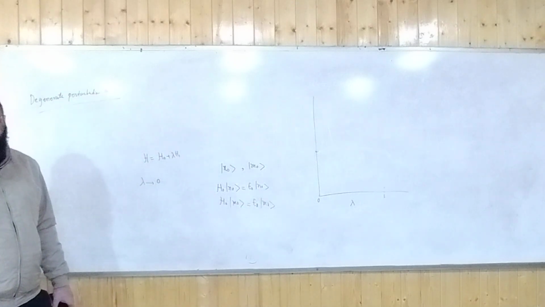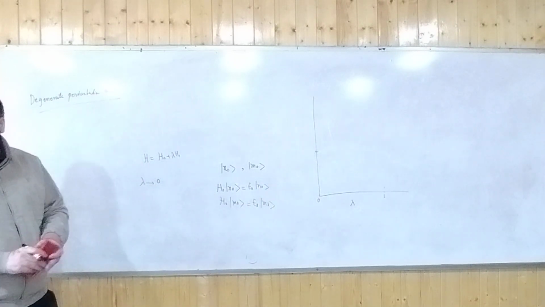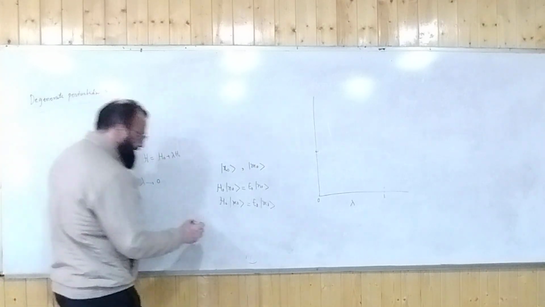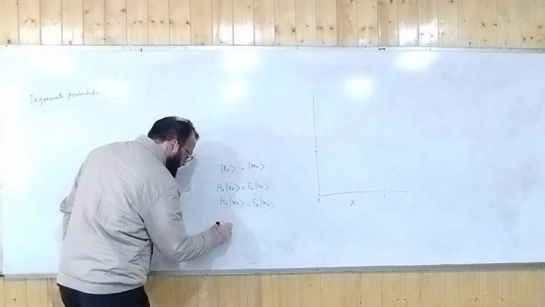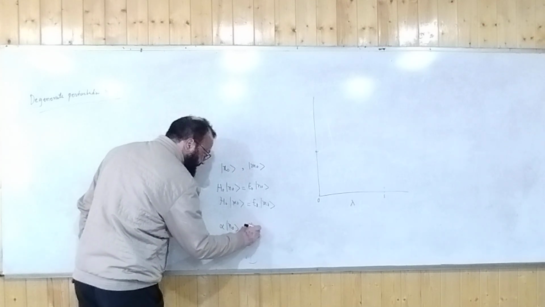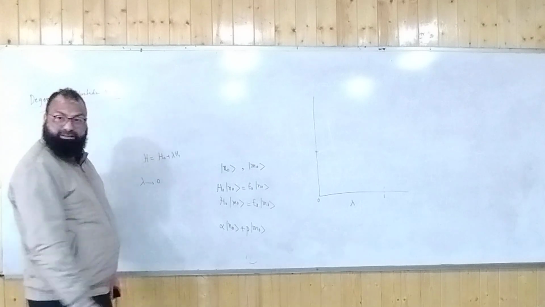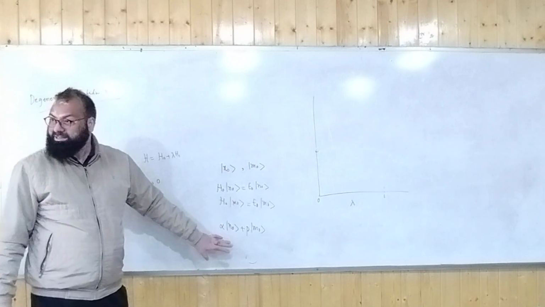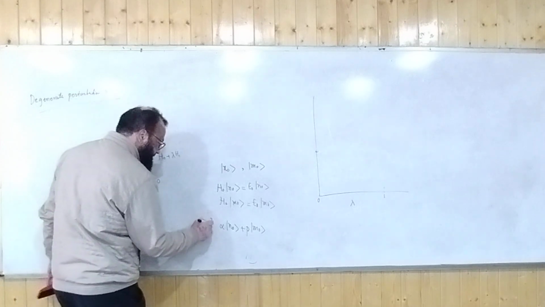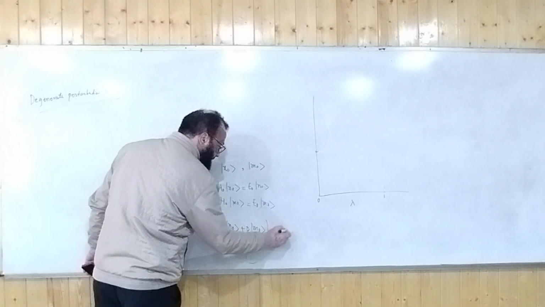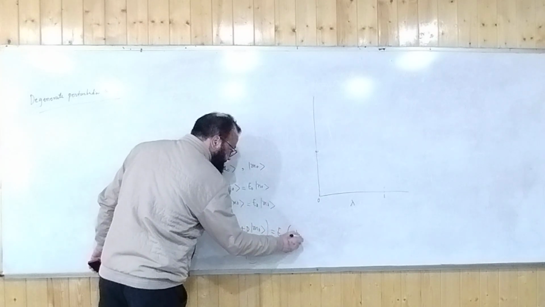But if I take their linear combination as well, N0 alpha plus beta M0, this is also degenerate with N0 and M0, having the same energy. You act H0 on this very state, and you will get E0 back.